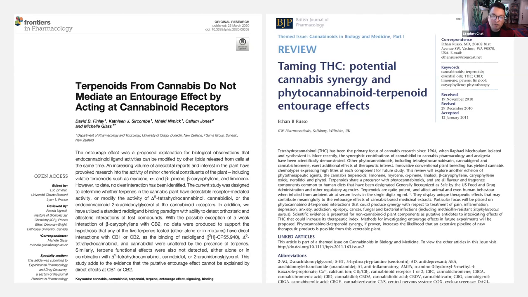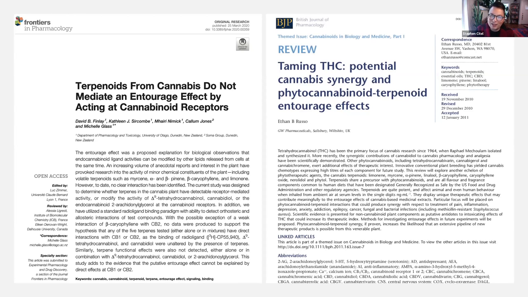In fact, there was a study that was published in early 2020, last year, where the authors were looking at common terpenes that are found in hemp and cannabis in general, and looking at their binding affinity to the CB1 and the CB2 receptor. And what they found is they didn't really bind to the CB1 and CB2 receptor.